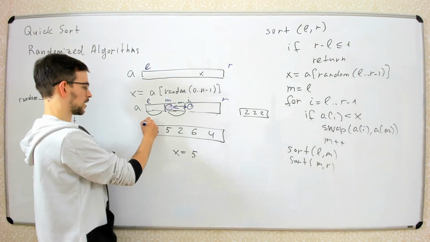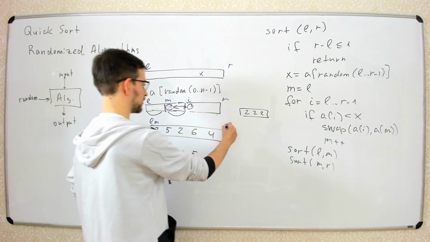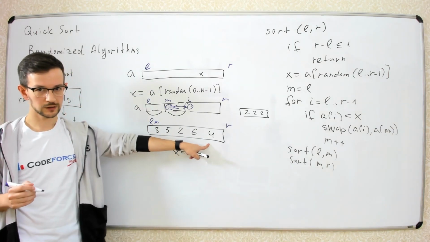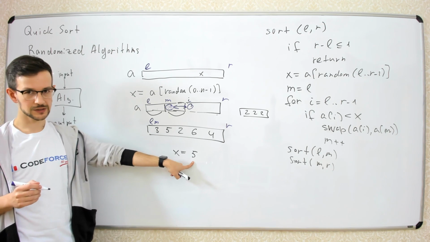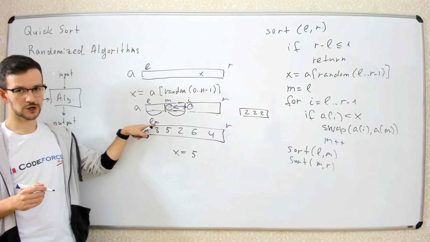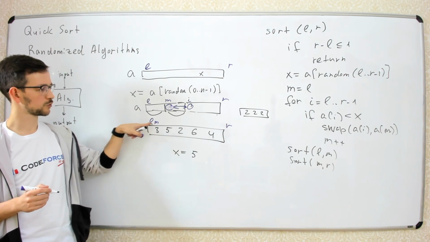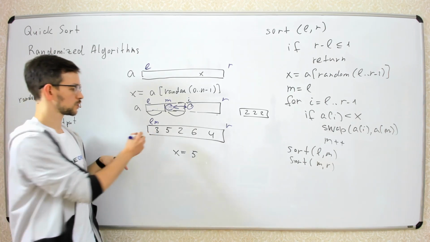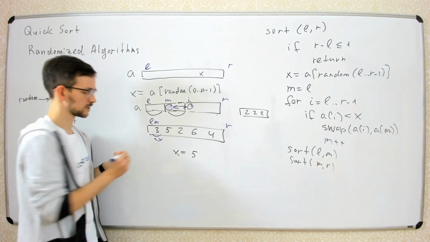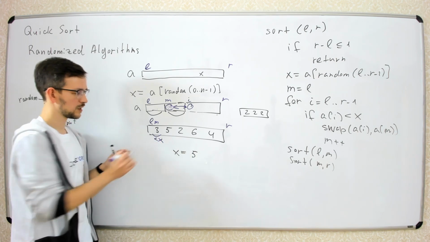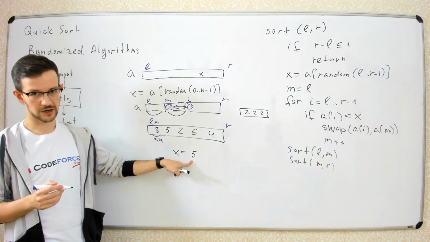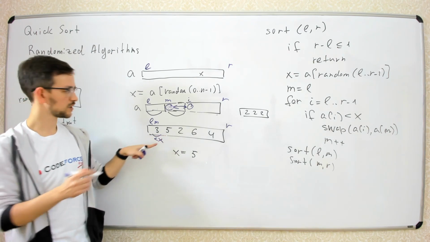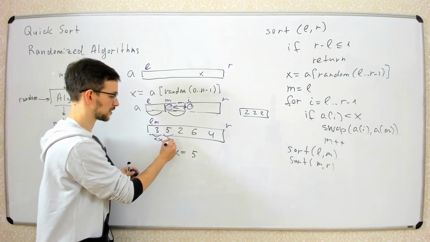We have L here, M here, and R here. Now we go from left to right. Each time we take an element, if it is less than x, then we swap it to position M. Now M equals L, so it stays in place. So this element is less than x. Now we move to the next element. We see this element is not less than x, so it stays in the same place. So this element is greater than x.